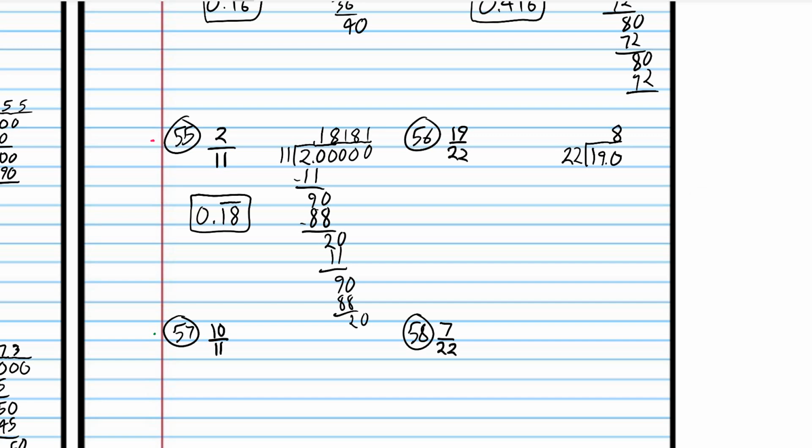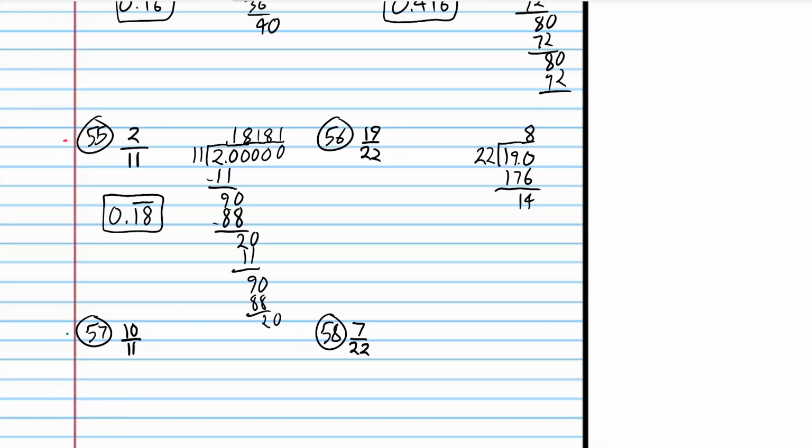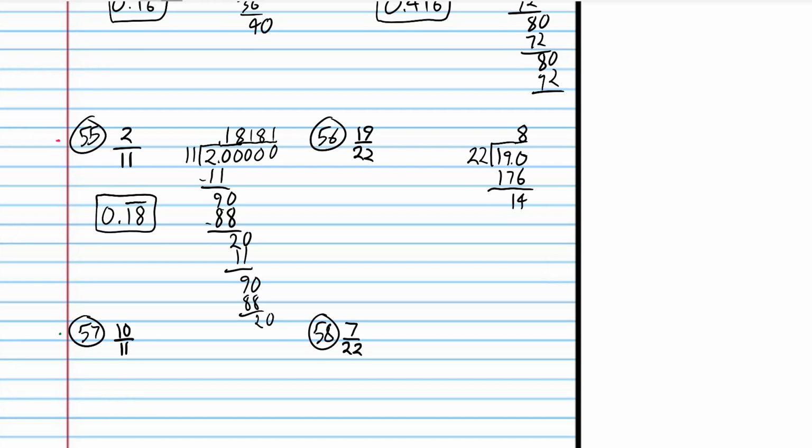That'd be 160 plus 16 is 176, I believe. I think that's correct. And then when you subtract, you're going to get 14. So our remainder is less than the divisor, which means that we didn't make a mistake there, at least not that we can see. I'll go ahead and move this over.